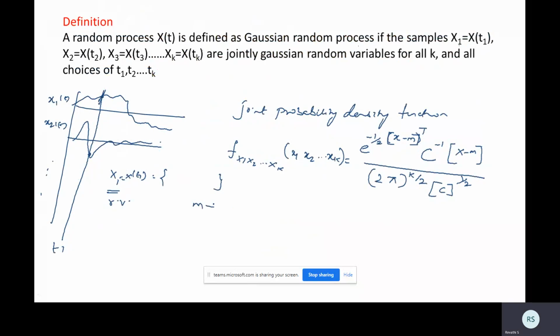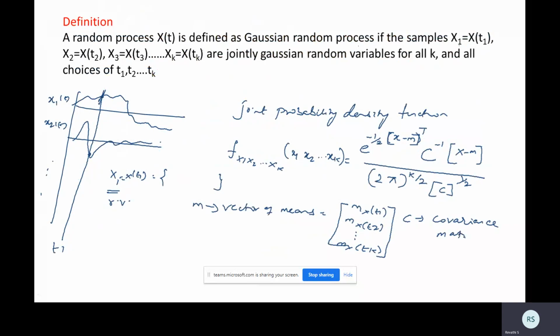If you have k random variables, you will have k means: the mean for random variable x1, the mean for random variable x2, like this. So the mean for all the k random variables is a vector given by this. And similarly, C is nothing but the covariance matrix.